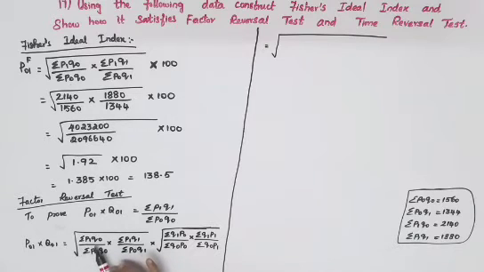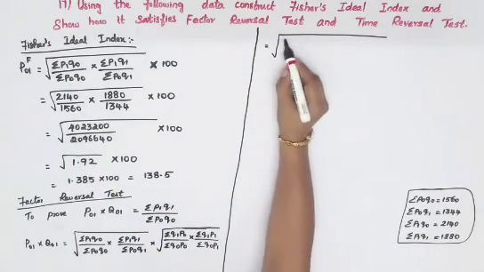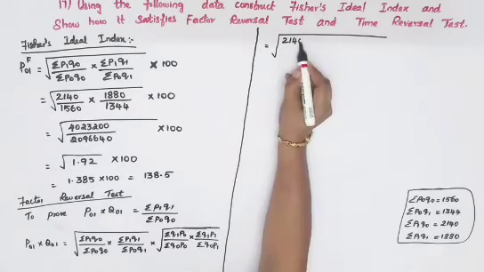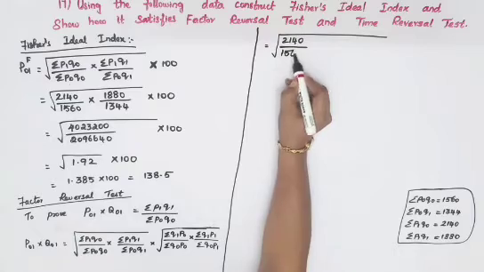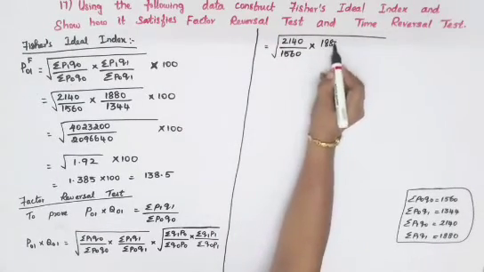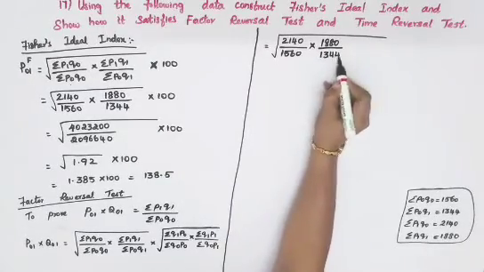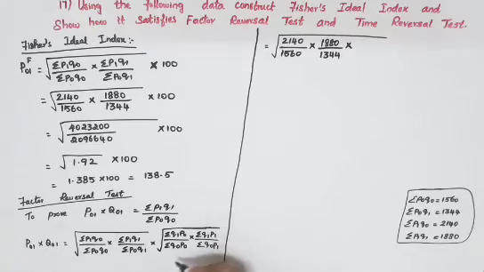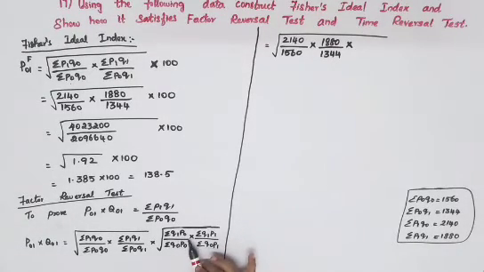Equal to root of sigma P1 Q0. So that is P1 Q0, you have got it here, 2140. Otherwise from here also you can take and write it. So straight away 2140 divided by, we will take it from here itself, 1560 into 1880 divided by 1344 into, the next part is inside the root, so I will just give a single root, sigma Q1 P0.